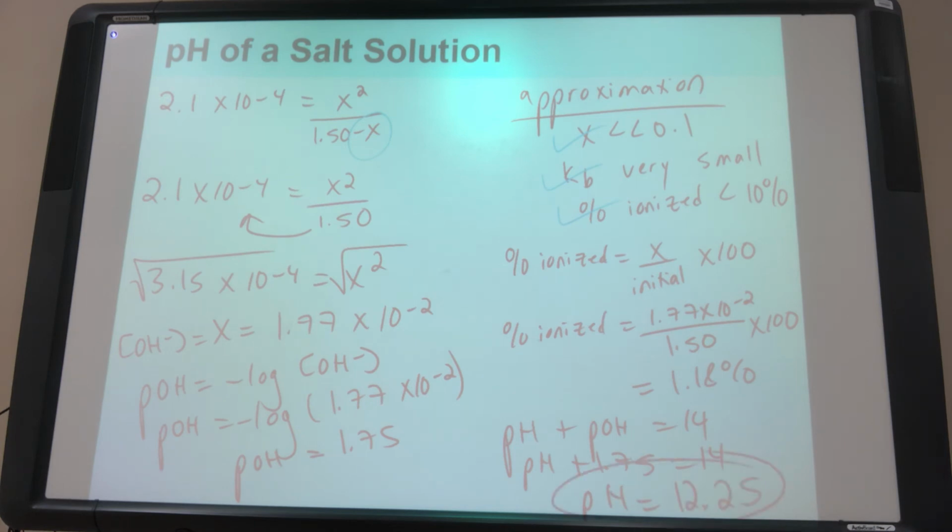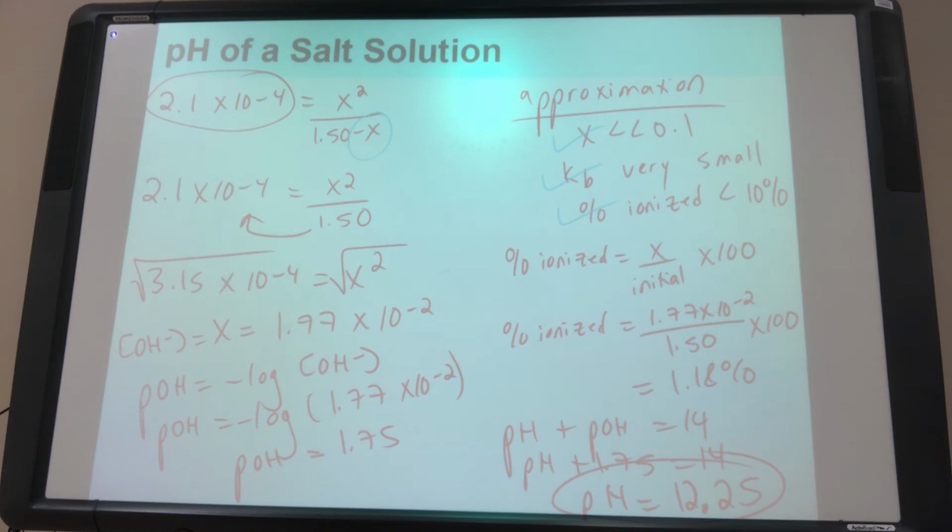And it's got to come out to be some sort of basic number because we said that it has to be a base. If it doesn't come out as basic, you did something really wrong. The other thing is, this number isn't that bad. Since it's a bigger number, it's not like 10 to the negative 6 or 7, so it should be a stronger base.